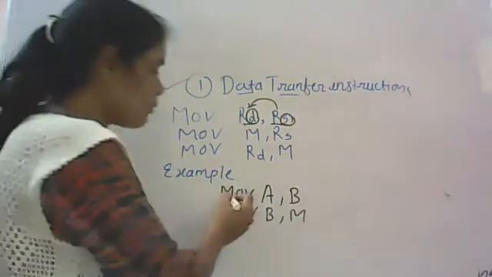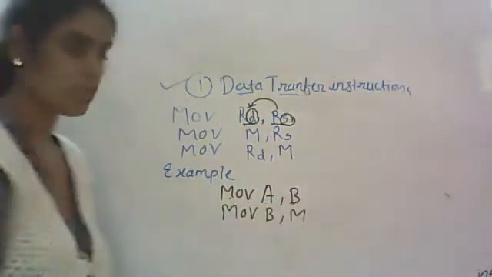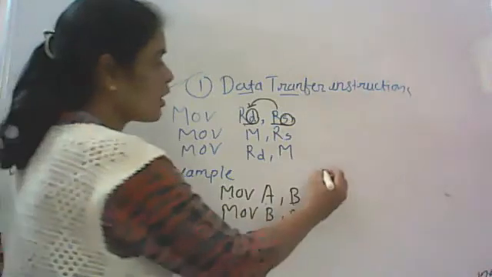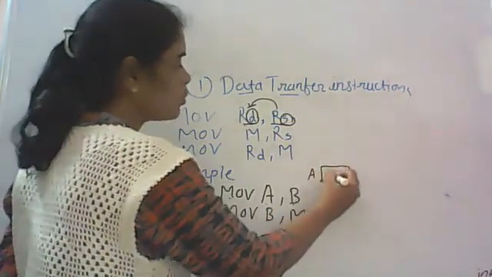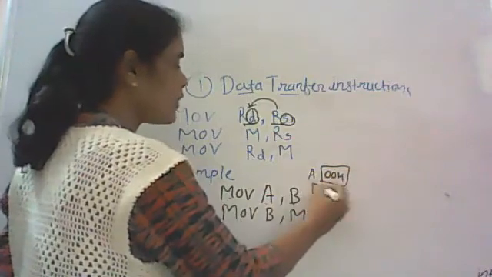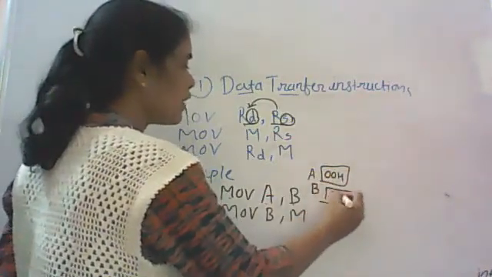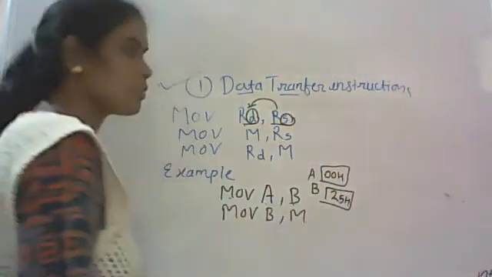For example, MOV A, B. Before execution, A contains 00 hex and B contains 25 hex.